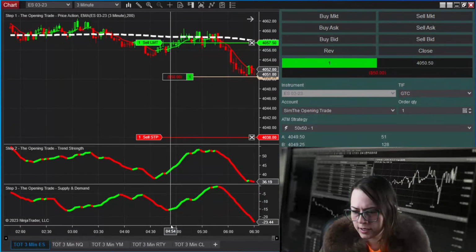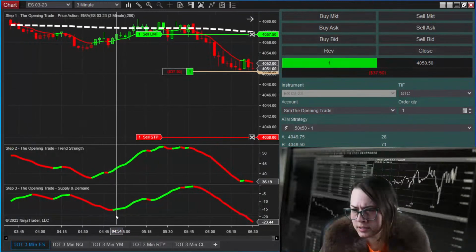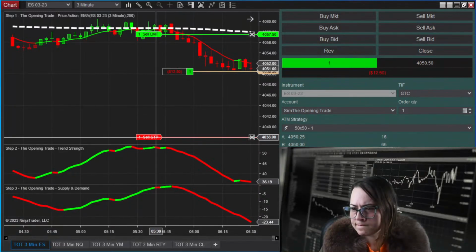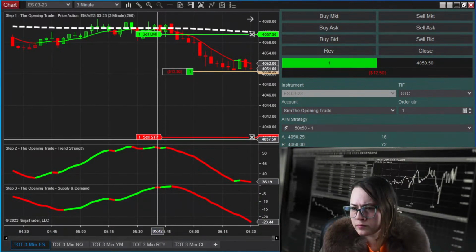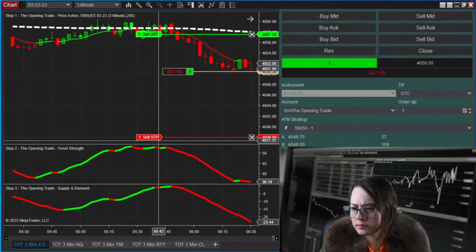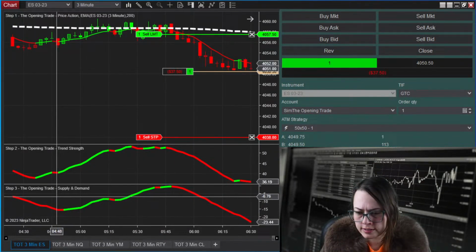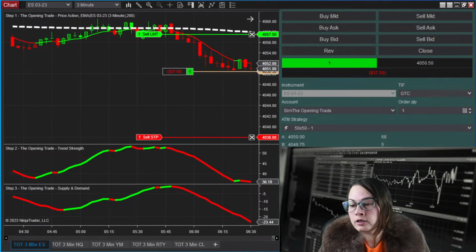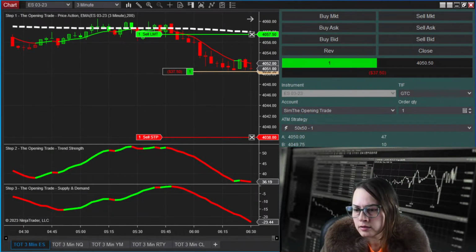Try to make it a little bit easier to see what I'm doing here. I'll expand my chart a little bit. All right, so I have chosen for myself to go into a manual trade. That's what we're watching here.